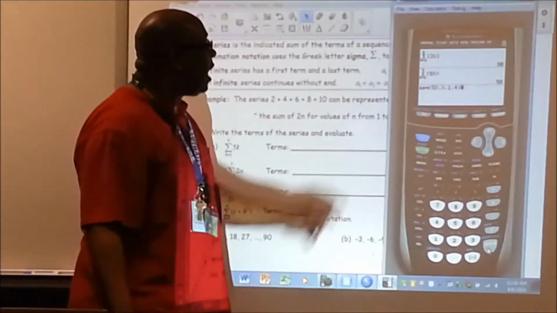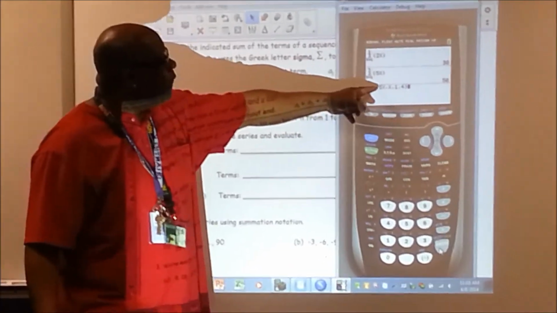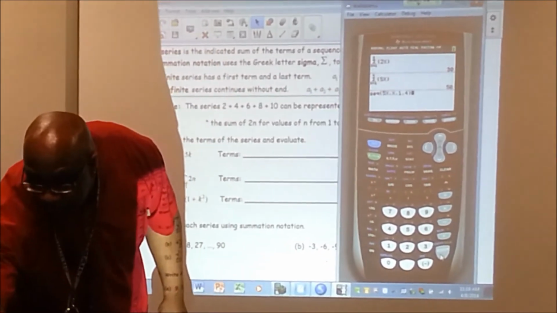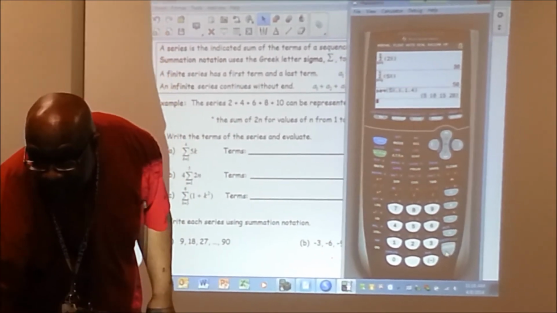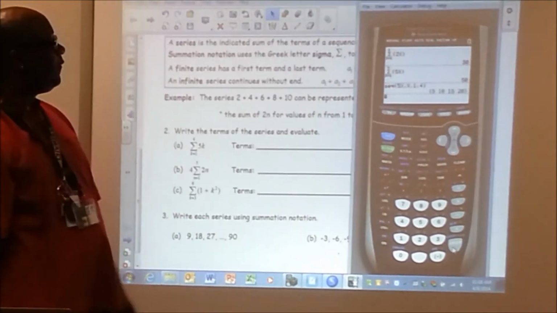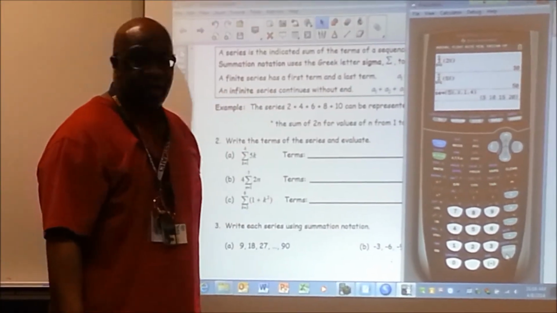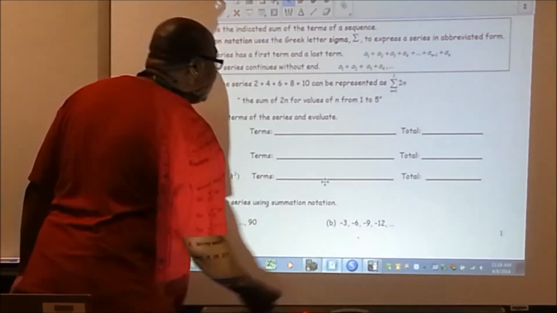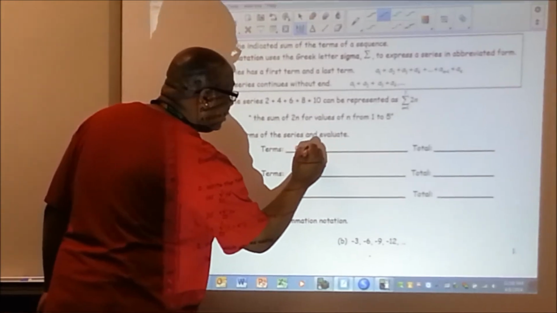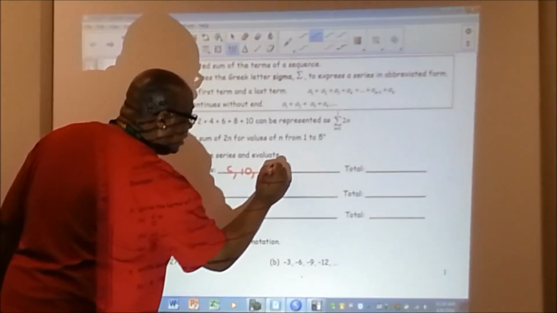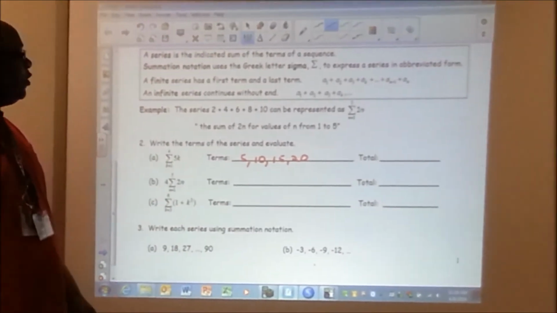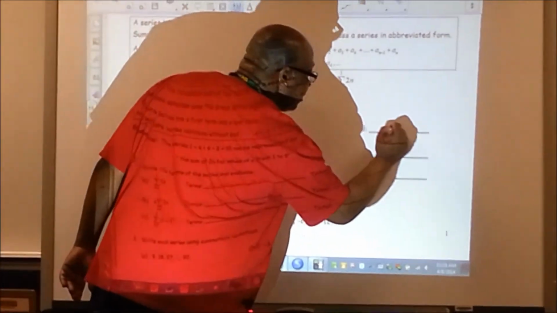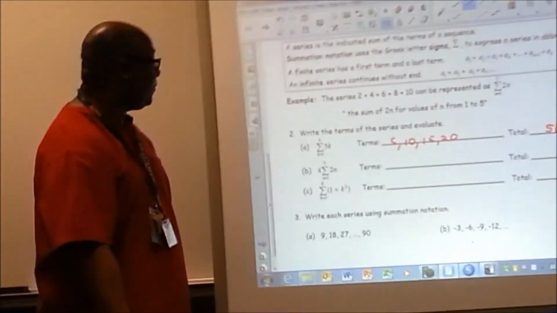So basically, we're telling it I want the terms of the sequence for the explicit formula 5x using the variable x, first 4 terms of the sequence. And if I hit enter, I get my 4 terms as 5, 10, 15, and 20. So these terms are 5, 10, 15, 20. And if indeed you add 5 plus 10 plus 15 plus 20, that indeed totals up to 50.